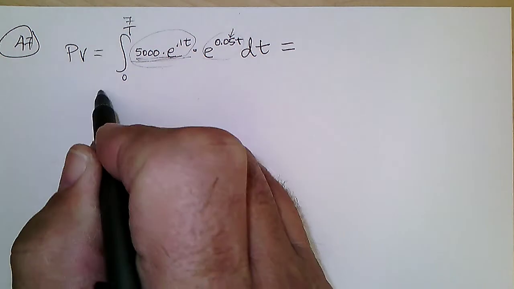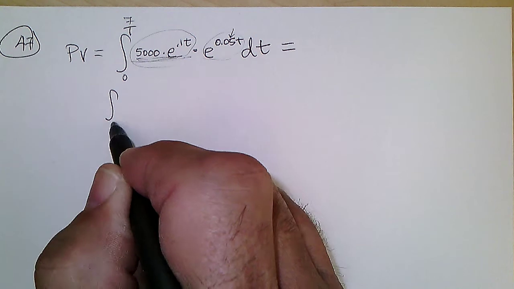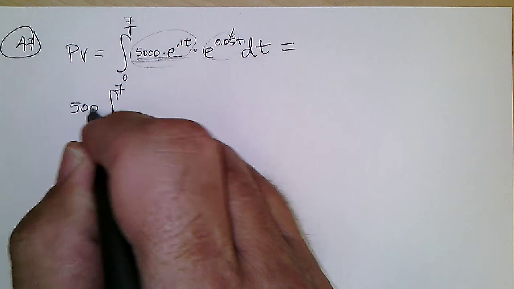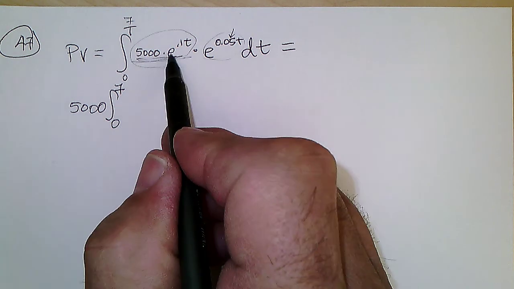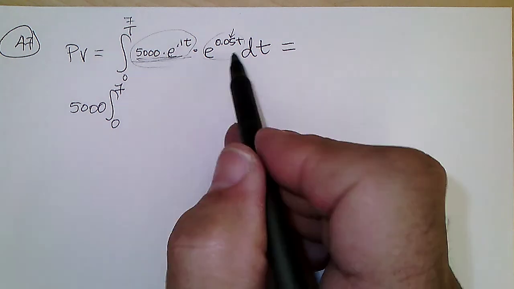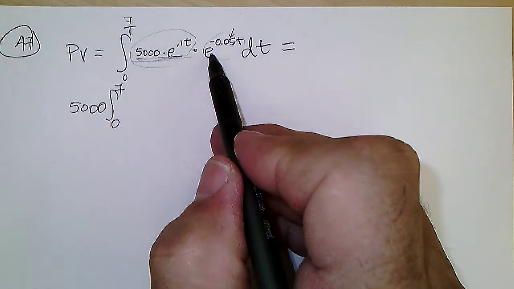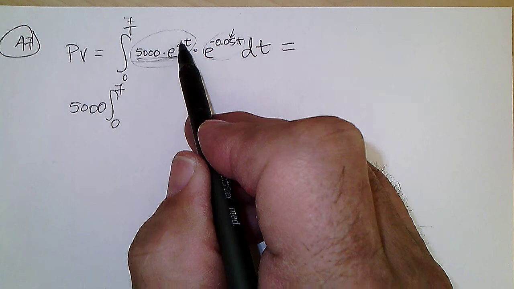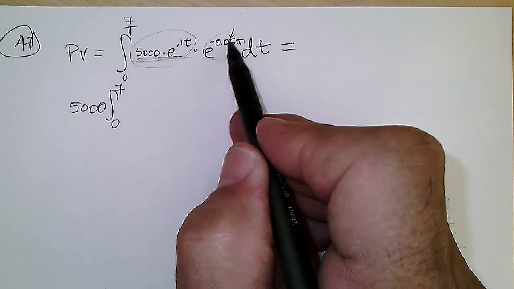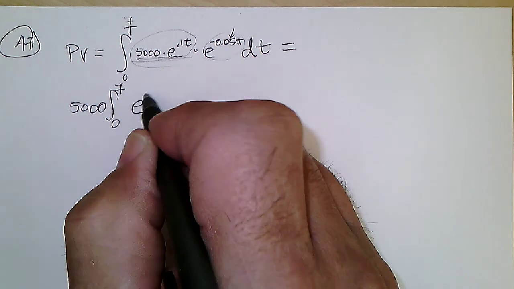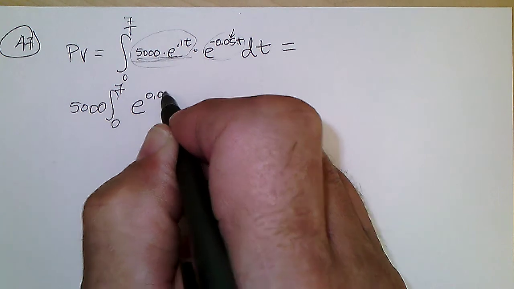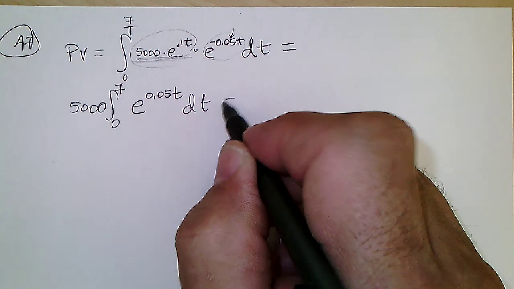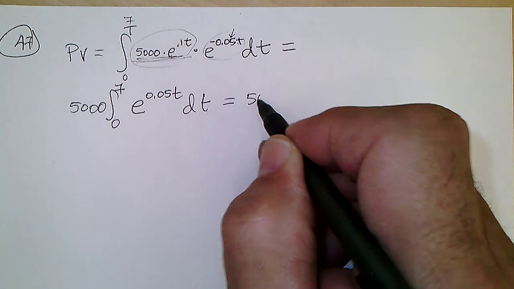So we get the integral from 0 to 7, 5,000 can come out, and this e to the 0.1 t, oh, and this is decreasing, so you've got to put a minus on it, and so you add the powers, so 0.1 minus 0.05 is e to the 0.05 t dt.